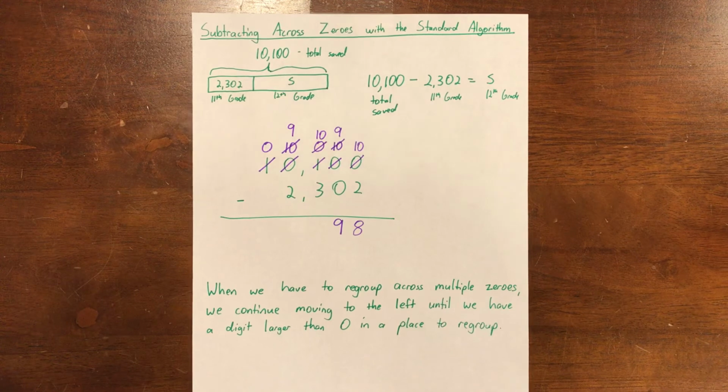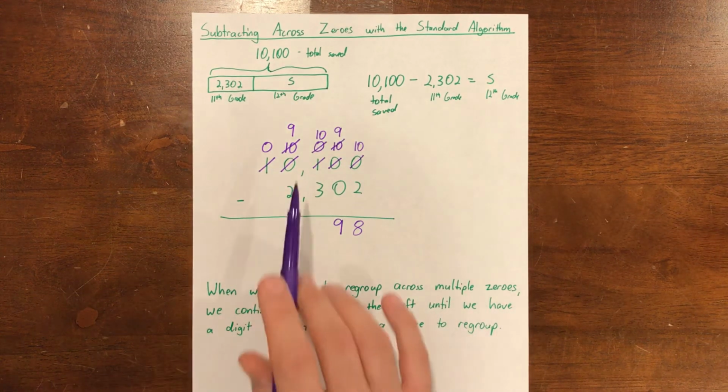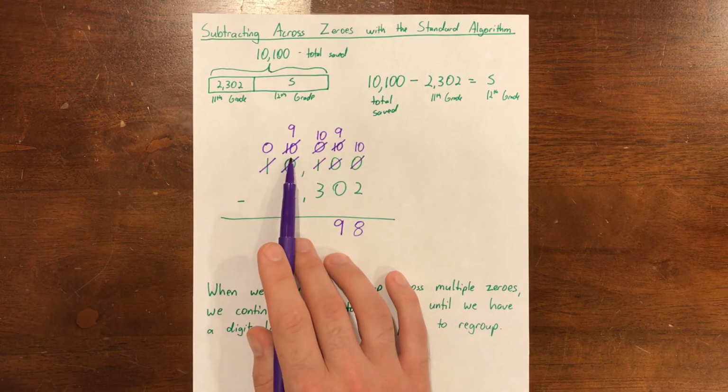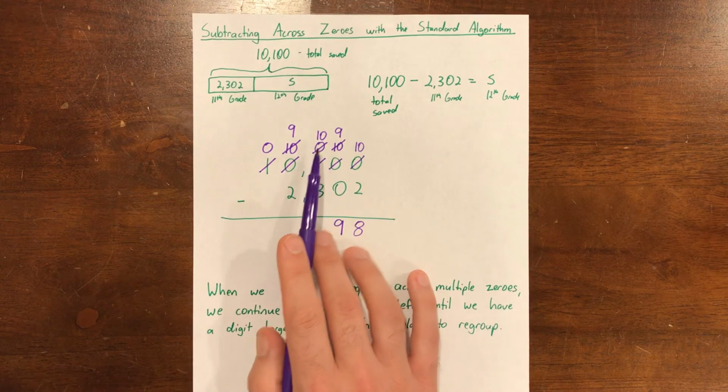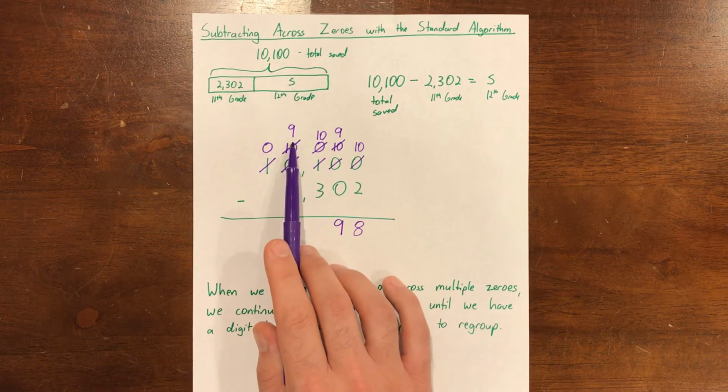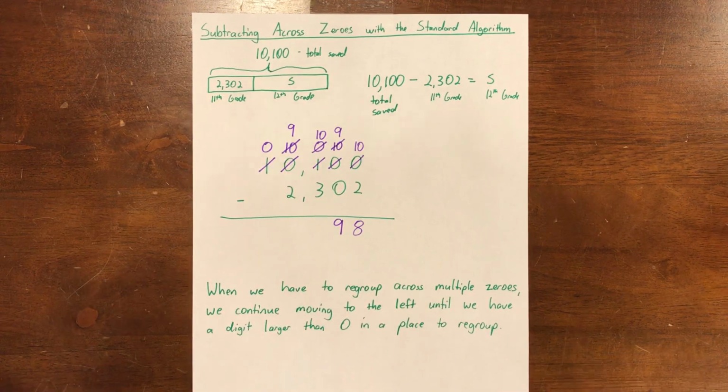Say it out loud. Yeah, I had 10 thousands, but then I had to regroup one of those thousands to give myself another 10 hundreds. So that meant I've only got 9 thousands left.